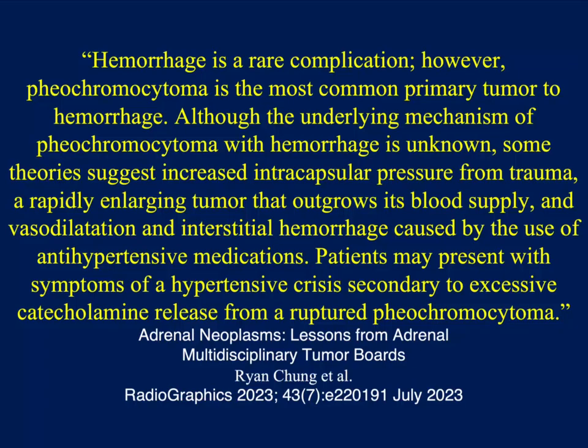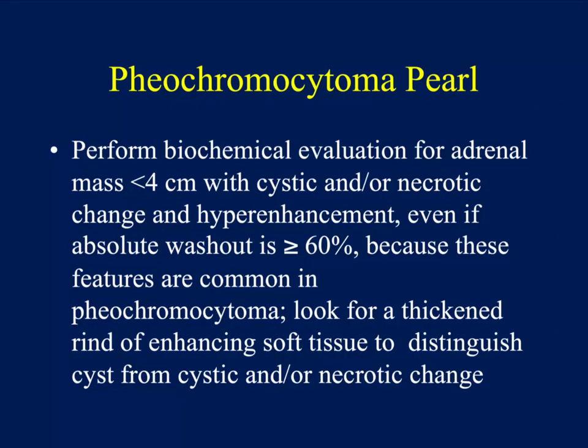The underlying reason we spoke about before is not definitely known, but again, pheochromocytoma can present with a catecholamine release, which can be life-threatening to patients from ruptured Theos due to bleeding. So again, Theos will bleed.